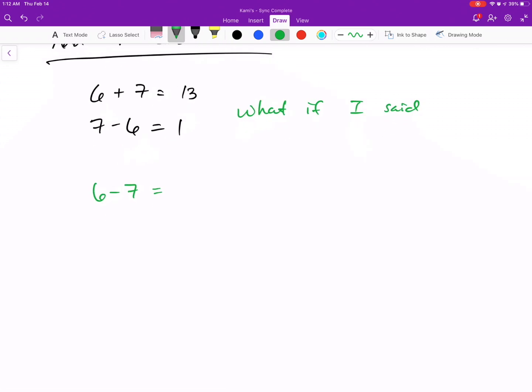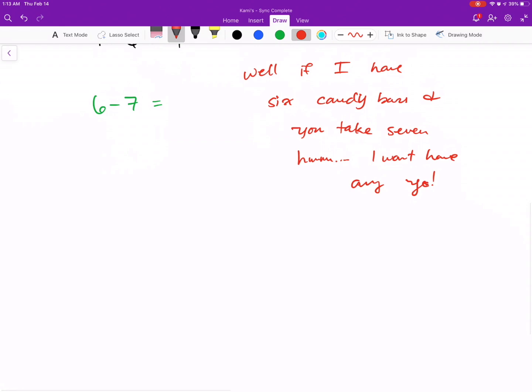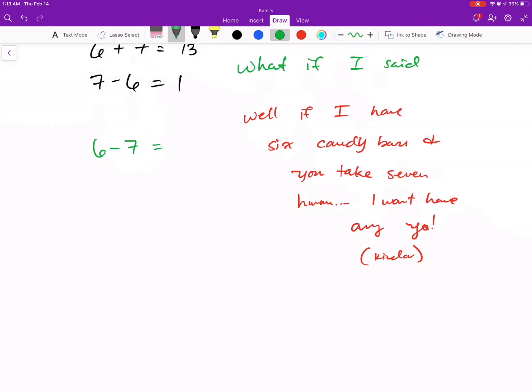Well, if I have 6 candy bars and you take 7, I won't have any. Yes, that is correct. Kinda. So 6 minus 7 is actually -1.